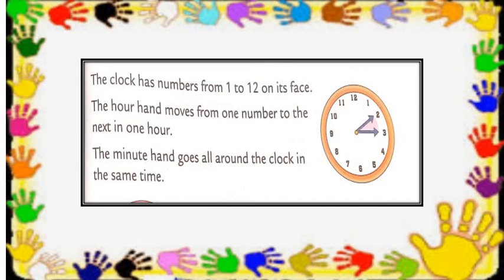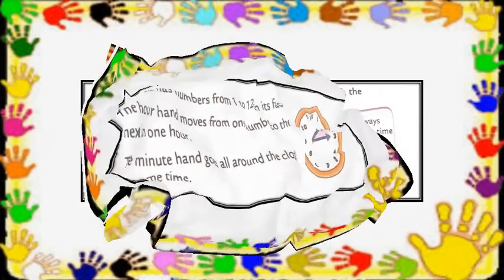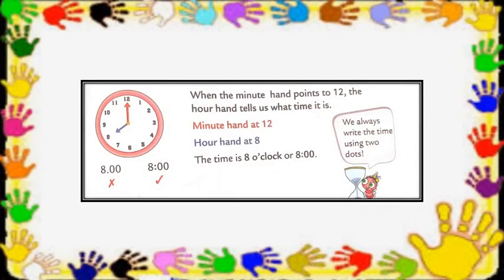The hour hand moves from one number to the next in 1 hour. The minute hand goes all around the clock in the same time. When the minute hand points to 12, the hour hand tells us what time it is.